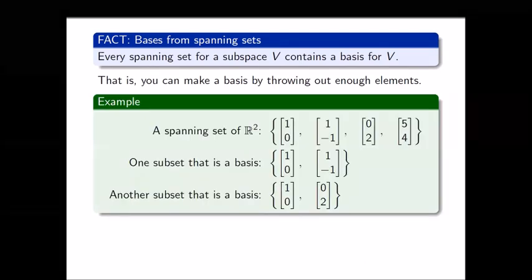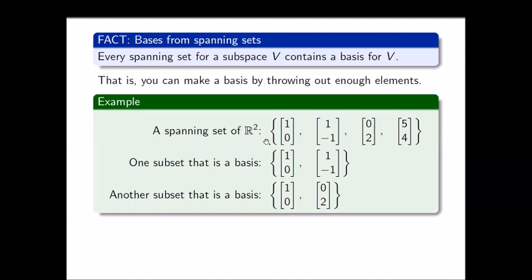For example, this first set with four vectors is a spanning set for R2, but since there are too many vectors, this is not going to be linearly independent and therefore not a basis. So we can carefully throw out two vectors so that the set is only of size 2, and if it still spans R2, then it's going to be a basis.